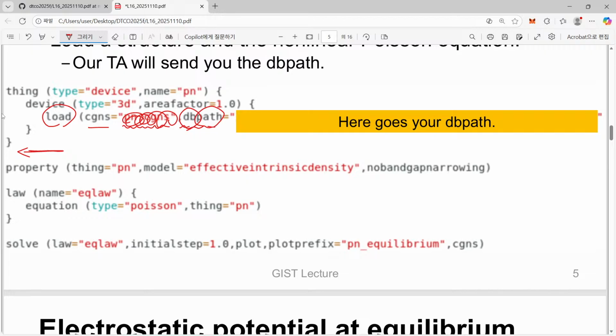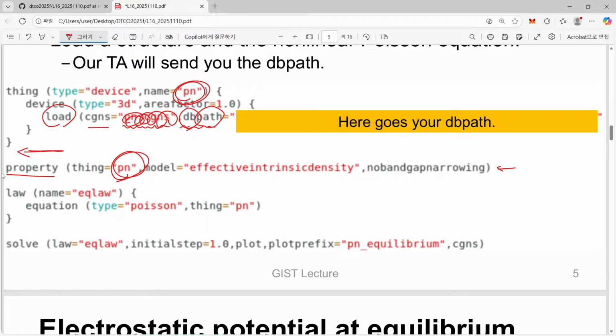Its name is PN, and after that we specify certain physical models for this device structure, the PN junction. This property is used to specify physical models, and in many cases you can just omit it.